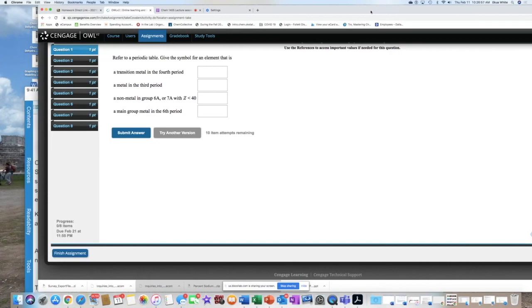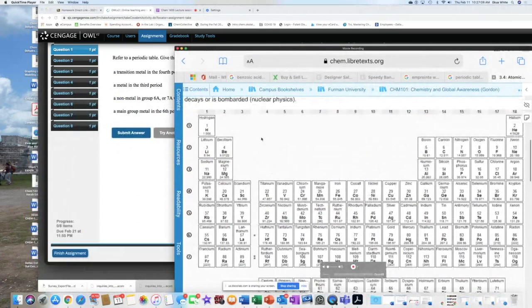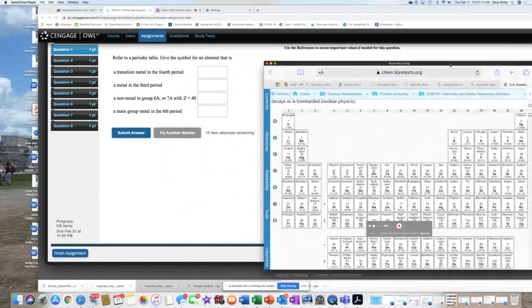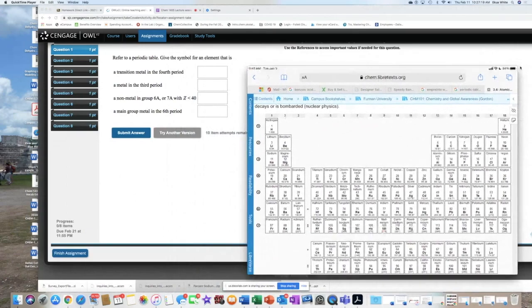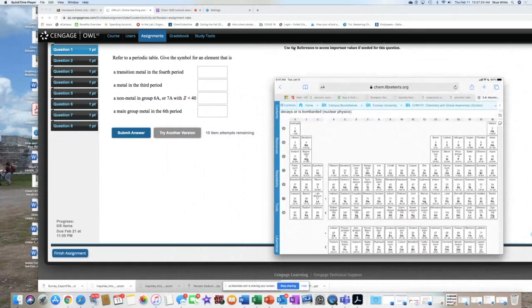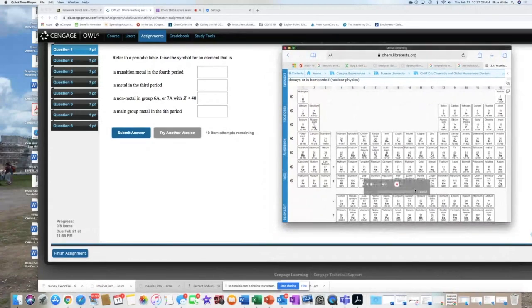It's okay. I guess it will work. Okay, so let me pull my periodic table that I just got right here. It's not the best, but I think it will work. Okay, how do I minimize this without deleting it? I know they have references here. Use the reference. Okay, anyway, I'll have this right here for me. So as I need it, I'll refer to this.